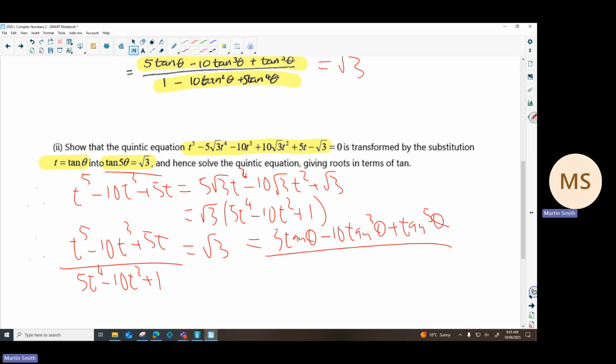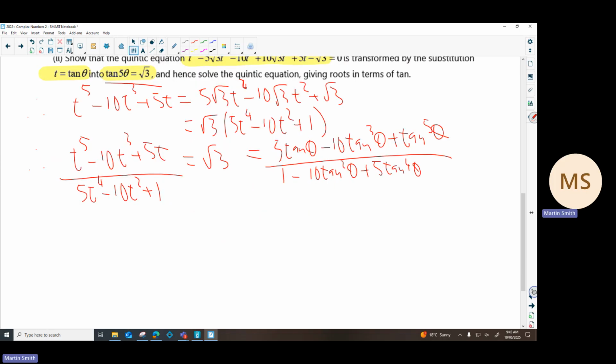All divided by, if you change the order again, you get 1 minus 10 tan squared theta plus 5 tan to the 4 theta. But that is my identity for tan 5 theta, so consequently I can say that my equation transforms into tan 5 theta is equal to root 3.